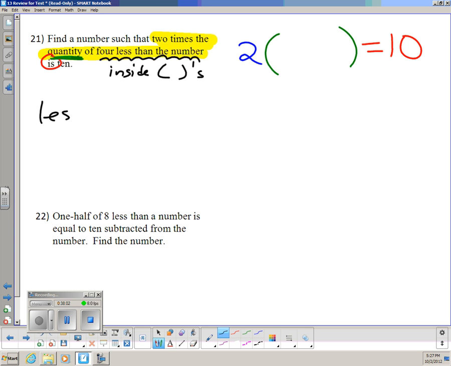We have to remember, less than gets translated backwards. 4 less than the number, the unknown goes first, so that's my x, minus 4. And now I have my translation.